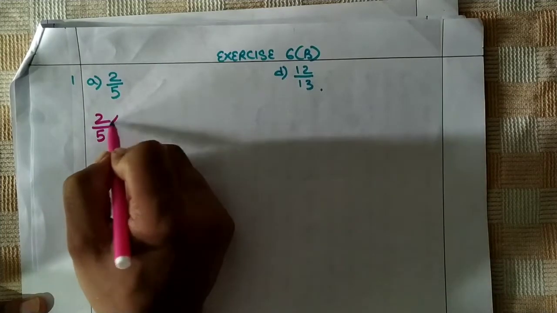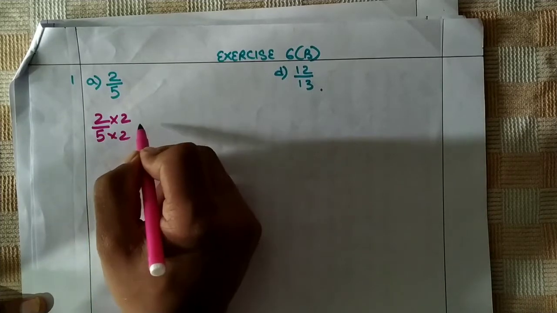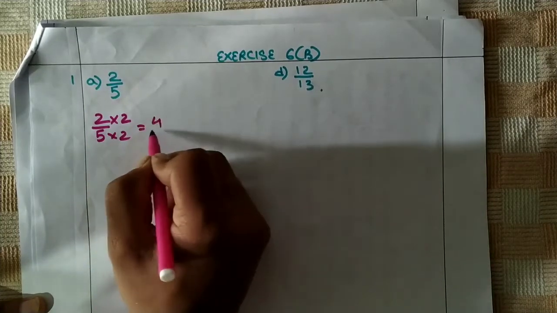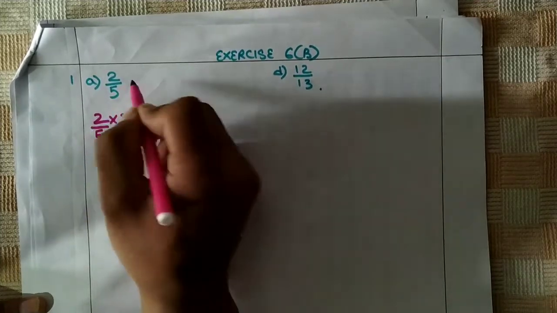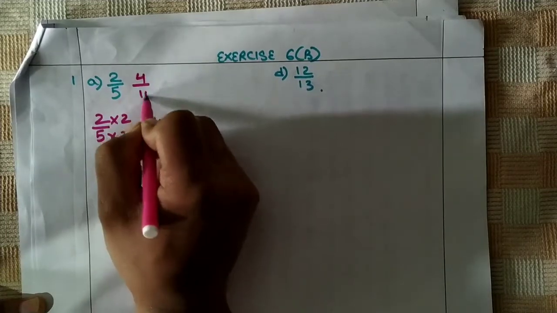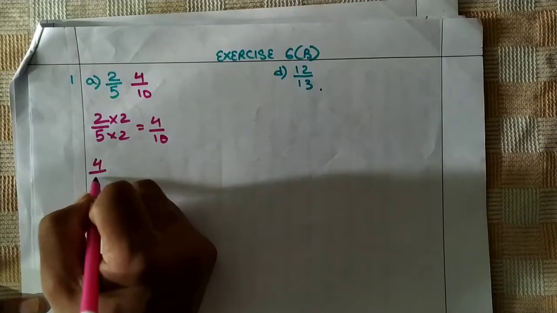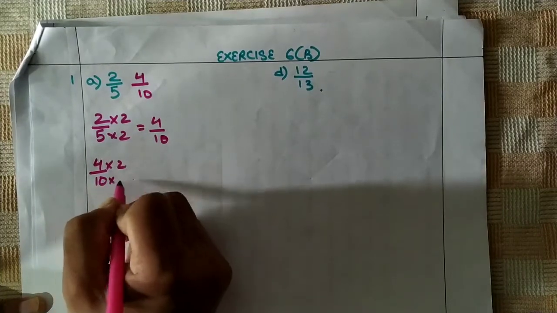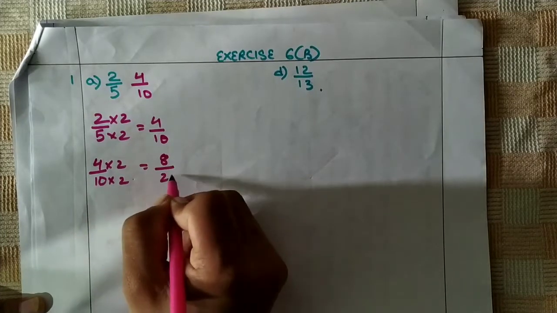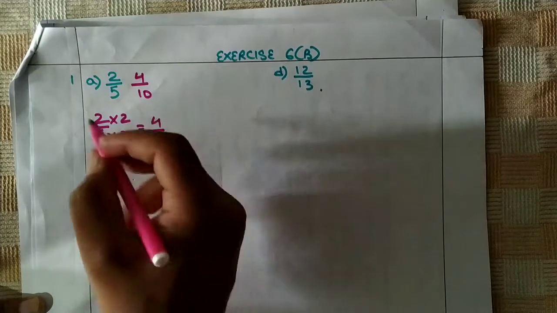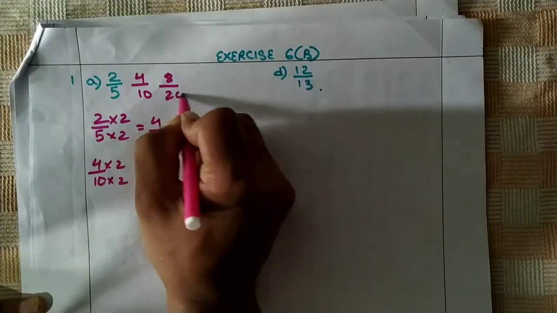Let's multiply it by 2. 2 twos are 4, 5 twos are 10. One fraction is 4 by 10, and let's multiply 4 by 10 again by 2. 4 twos are 8, 10 twos are 20. So another equivalent fraction of 2 by 5 is 8 by 20.